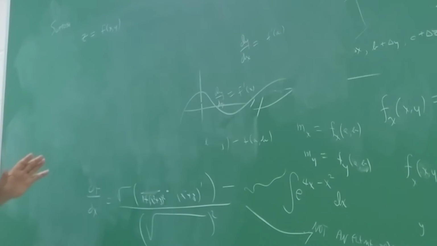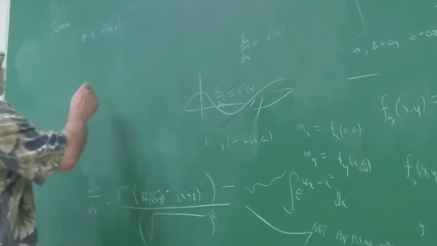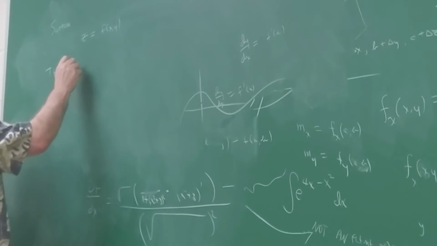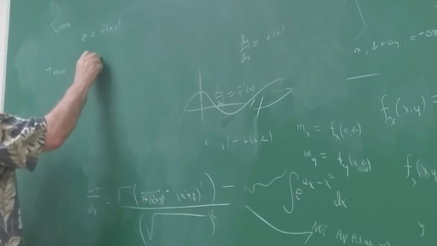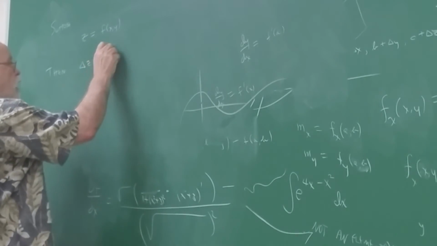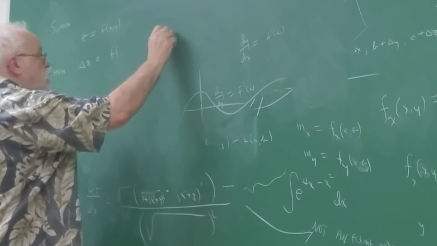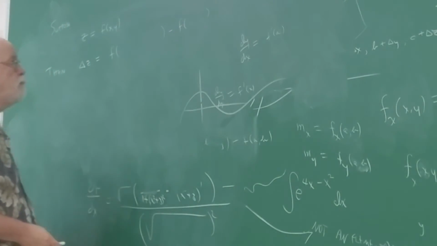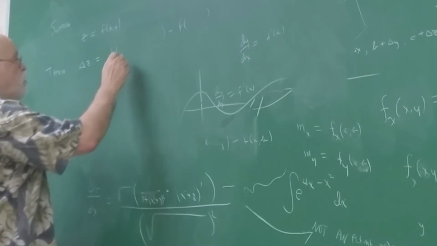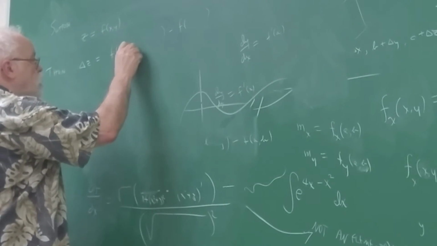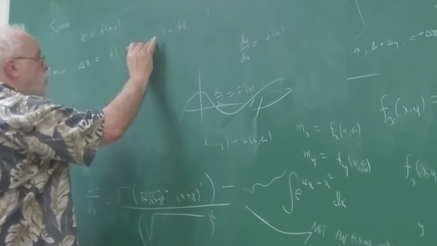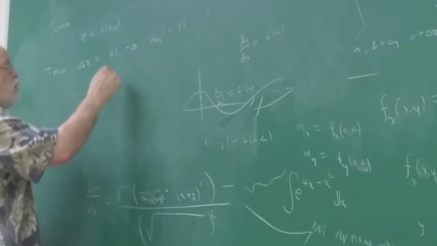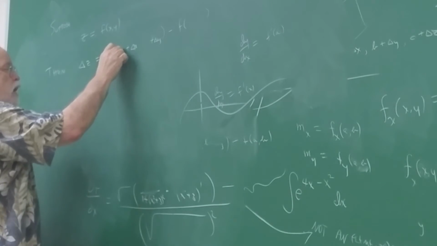Instead of writing the a's, b's, and c's anymore, I'm going to write delta z equals f of something minus f of a shorter something. And this is going to have a delta x in it and a delta y. But instead of writing a and b, I'm just going to write x and y.